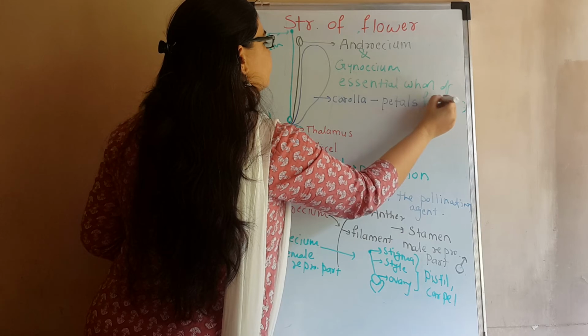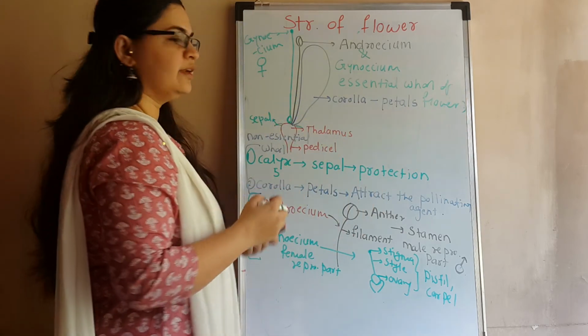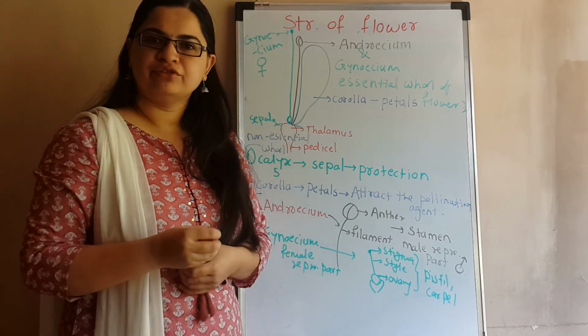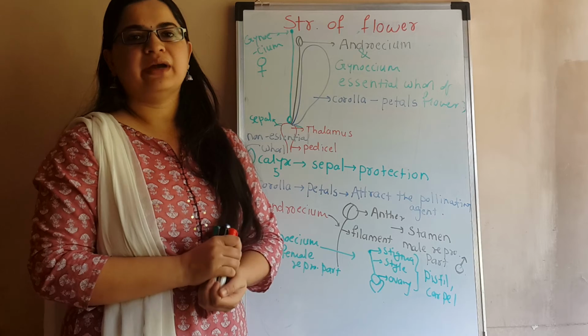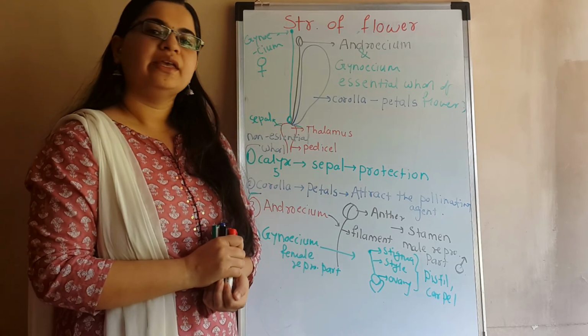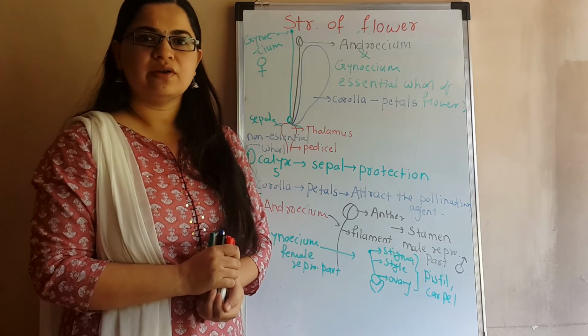Whorl means a part of the flower. Why are they called essential whorls? Because they are meant for reproduction. They directly take part in the process of reproduction, while the calyx and corolla are not taking part in the process of reproduction. That is why they are called non-essential.